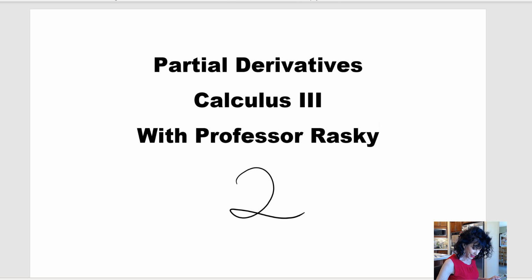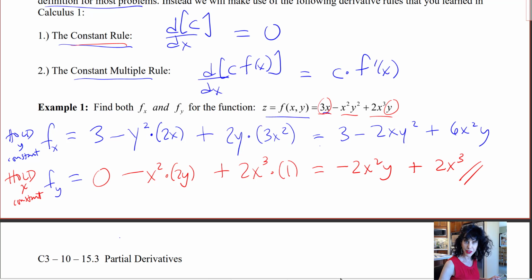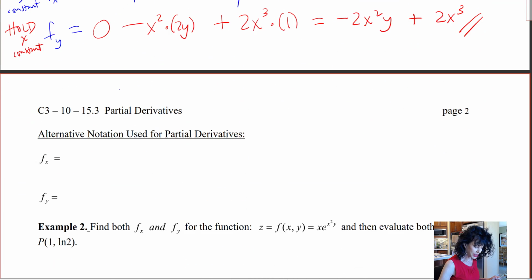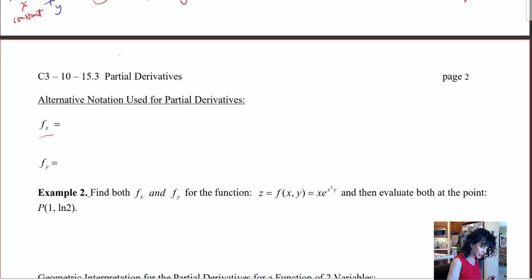Okay, so let's talk about some notation real quick, and then we'll do another example or two. In addition to this subscript notation that we did last time, f subscript x, f subscript y, there are some other ways to denote partials, and I want you to be comfortable with all of them, because when you're doing your homework and your exams, I want you to be clear, oh, that's what they're asking me for.